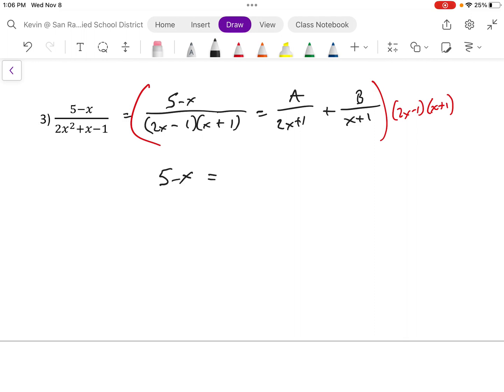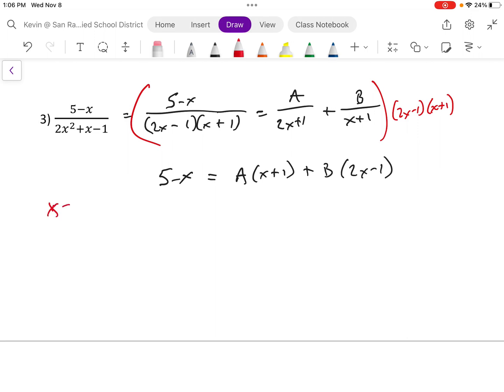5 minus x equals a times (x plus 1) plus b times (2x minus 1). Okay, now we have to find our values. We'll solve for b first.